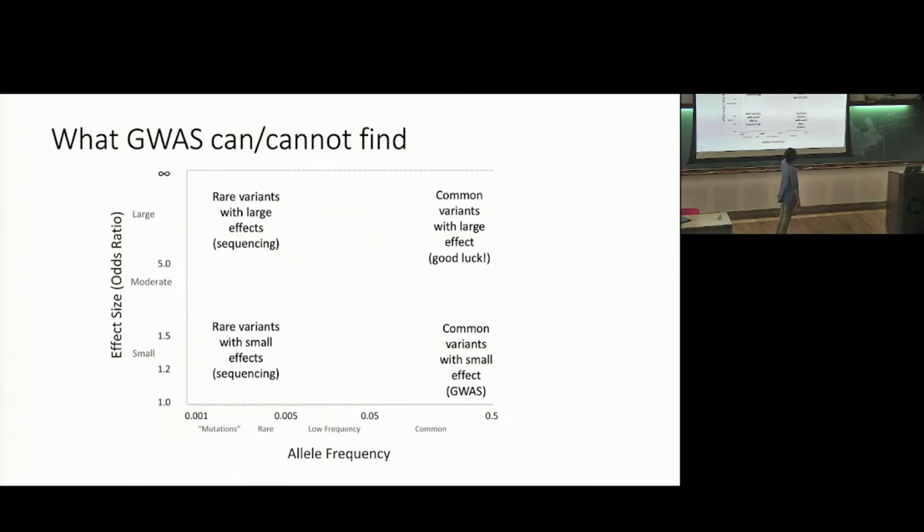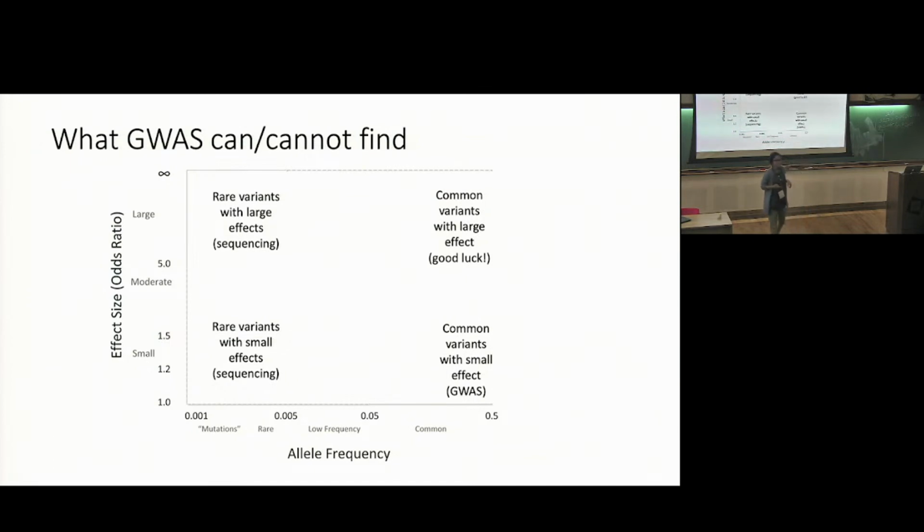So the reason we don't find these is because of negative selection. I think one of the largest effect GWAS variants in humans has been for Alzheimer's, which is a late onset disorder and therefore less selection acting against it, right? The ApoE gene. So how much you find there depends on the degree of negative selection.